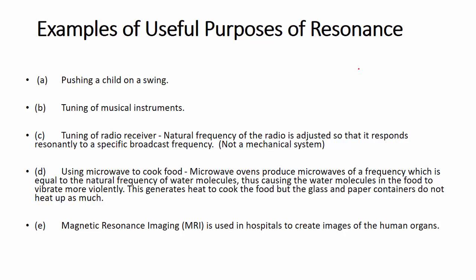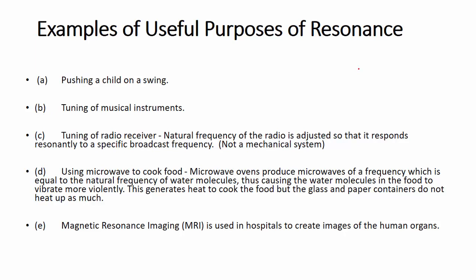So you put some food with water molecules inside, and when you turn on the microwave, it sets up resonant vibration of the water molecules, and this oscillation generates heat to cook the food. But if you put in other things that don't have water, it's not going to generate oscillation and therefore produce heat.